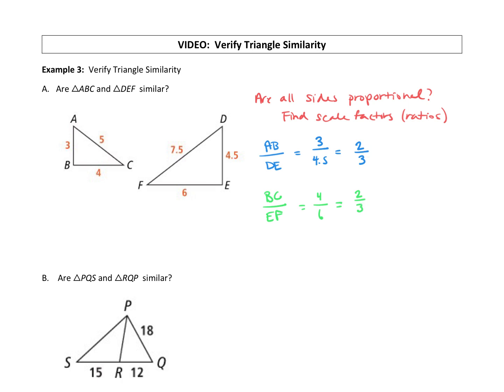Our last two sides, let's see, AC from the first triangle. Its corresponding side is DF from the second triangle. So AC is 5, DF is 7.5. That does divide to 0.6 repeating, which is 2/3.